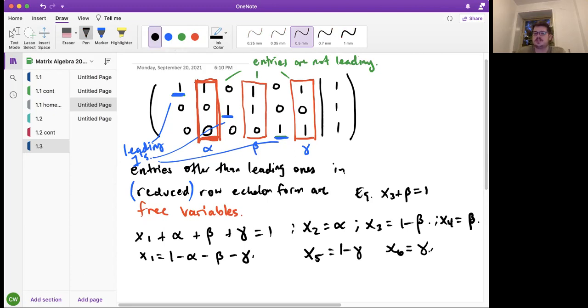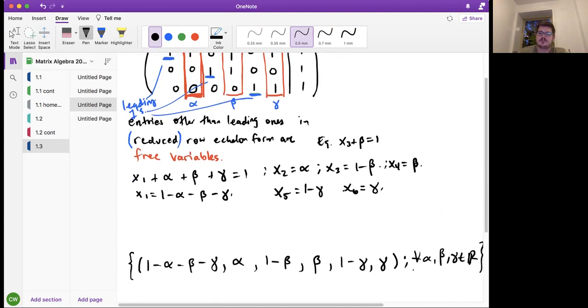So this is just a trick to easily identify where free variables are. You just look at all columns that do not have leading ones when it's in reduced row echelon form. Leading ones are not free, and all other entries that are not leading ones are free.